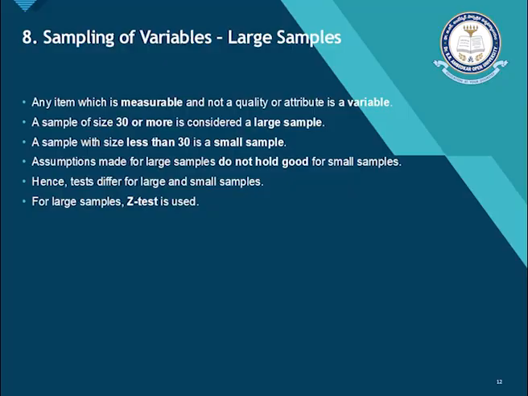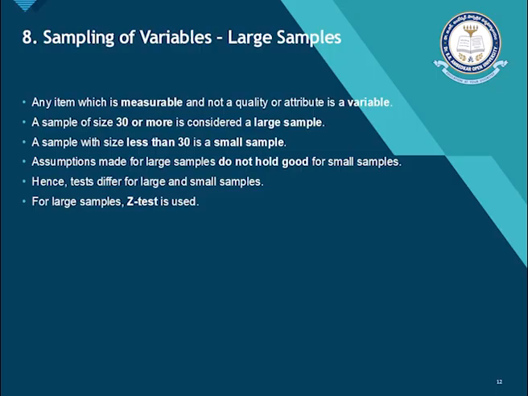Now we will move into sampling of variables. A variable is any item which is measurable and not a quality or attribute. A sample size of 30 or more is considered a large sample. A sample with a size of less than 30 is called a small sample.